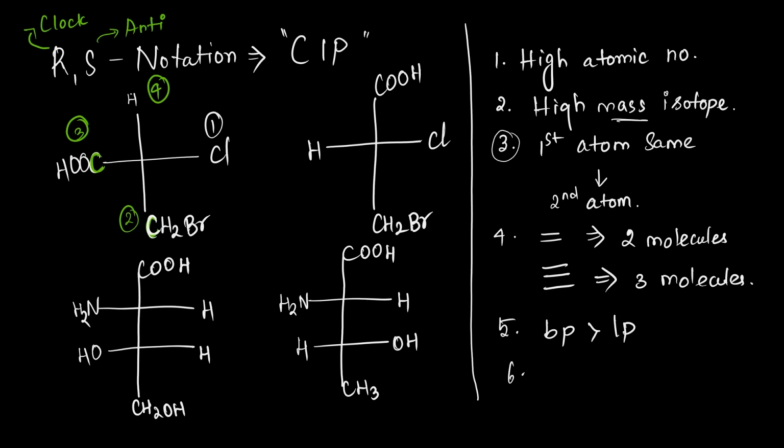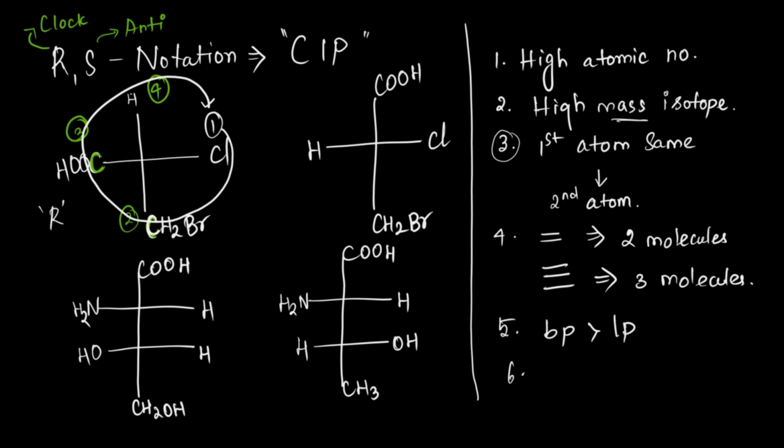In the journey, you have to go via 2, not via 3... if 2 is not available. Here 2 is readily available nearby, so you can go this way to reach 1. Is it clockwise or anti-clockwise? This is clockwise.